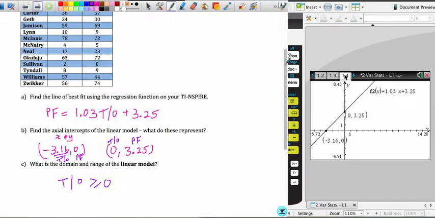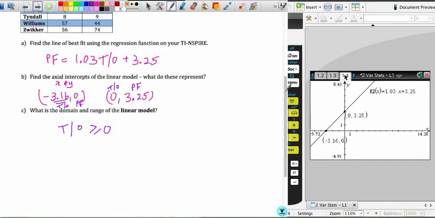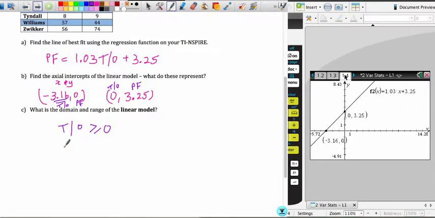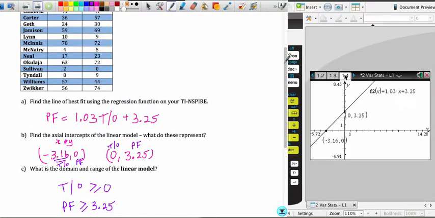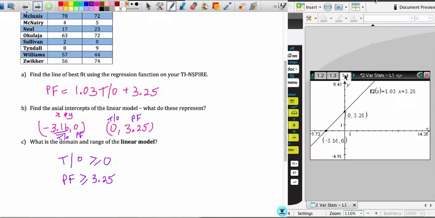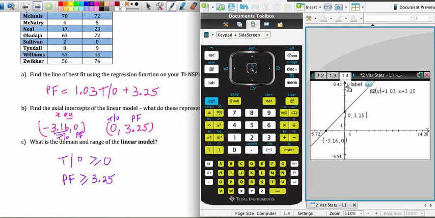That would be the range of our linear model. And so in this particular case, for personal fouls, we are going to say it is everything greater than or equal to 3.25.